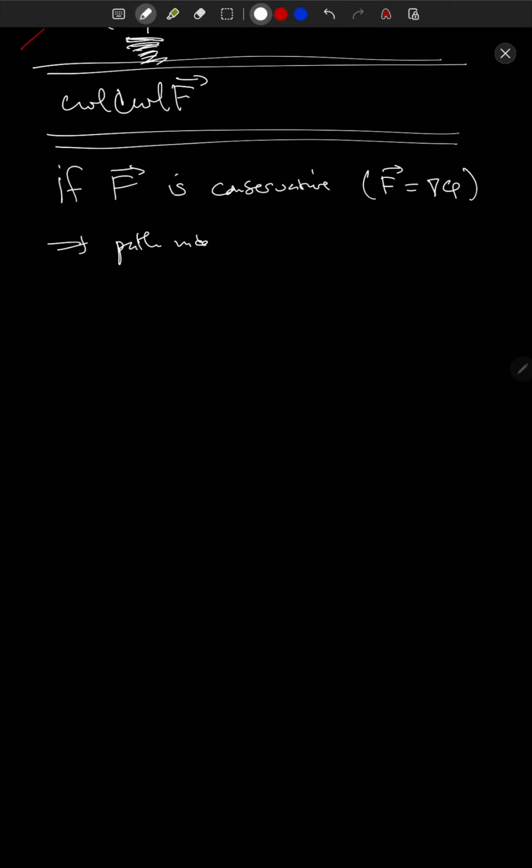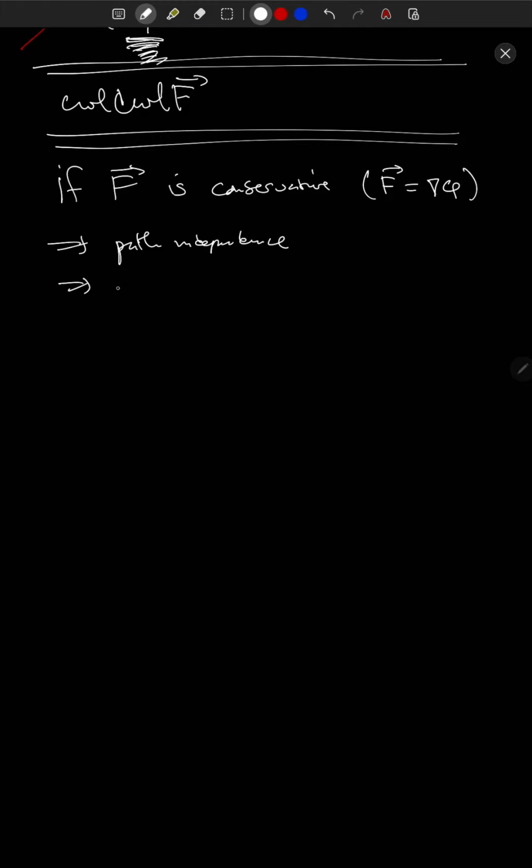Finally, let's write out if f is conservative, right? In other words, f is equal to the gradient of some potential function. Then this tells you have path independence, right?